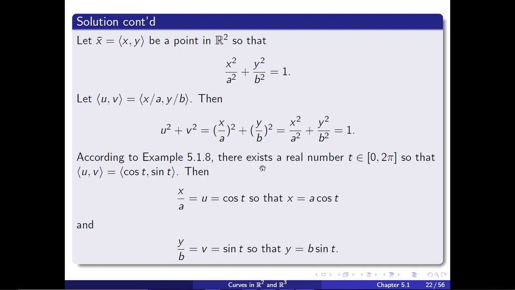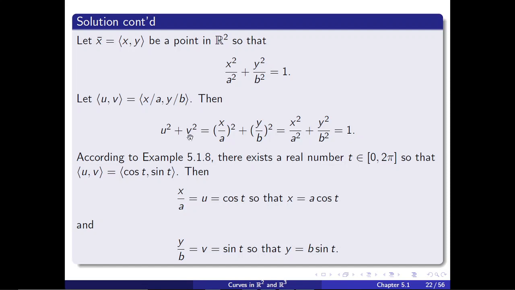So according to example 5.1.8, there exists a real number t so that (u, v) is equal to (cos t, sin t). So u squared plus v squared is equal to 1 indicates that we've got a circle with center the origin, and radius 1, right?